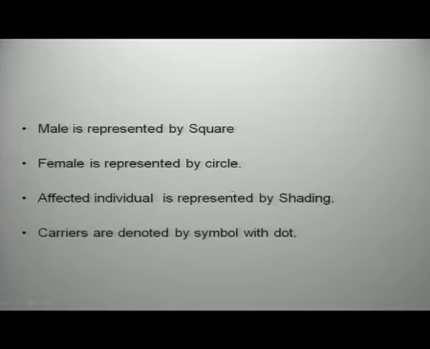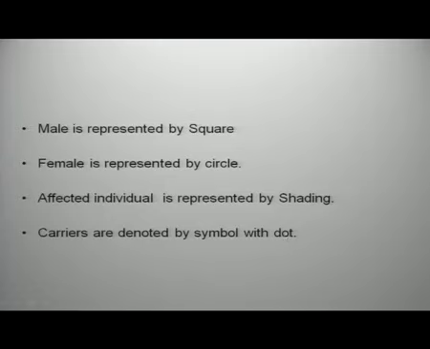So, here again about the representation of male, female and all in the pedigree chart. Male represented by square, once again, female by circle, affected individual by shading, and here comes the point, carriers must be denoted by a dot at the center.